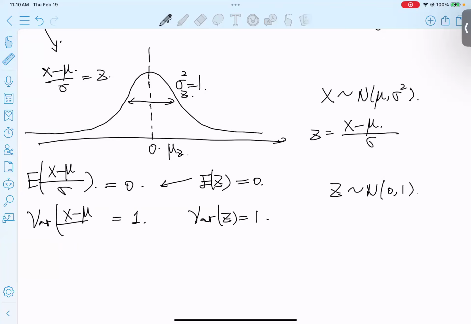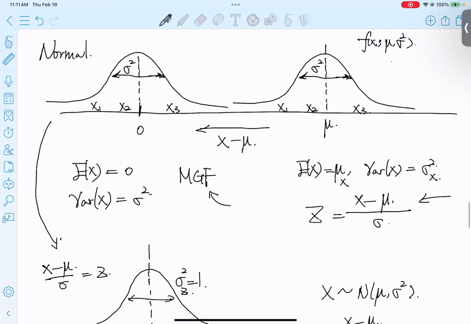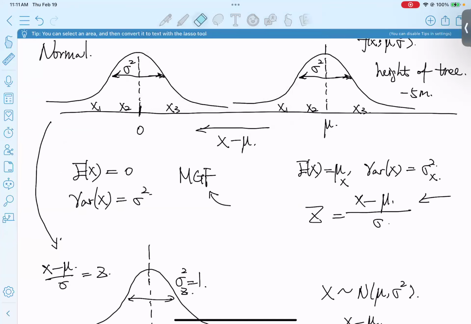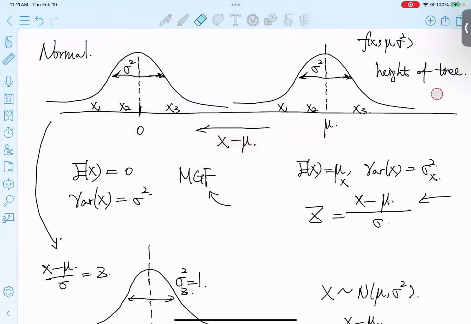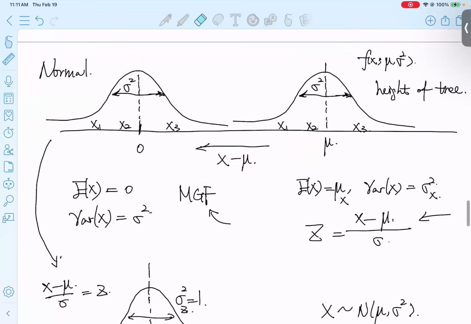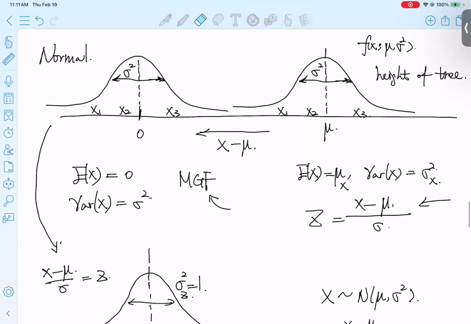X minus the mu over sigma. Then you essentially have something that describes, say, the height of trees, but it doesn't make sense to have a negative 5 meters, so let me use something more abstract, something that can be measured with both negative and positive values.